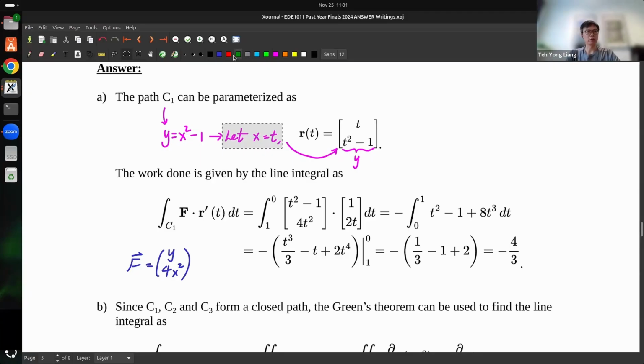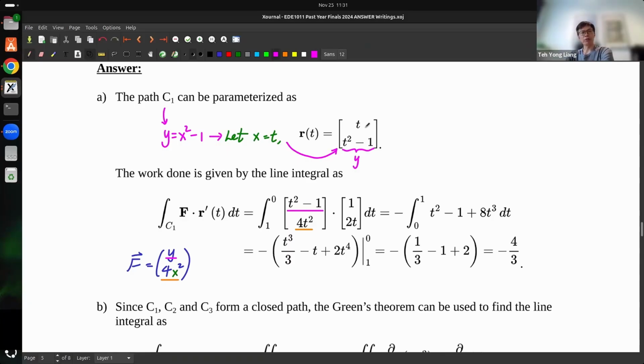If you let x be t, then 4x squared is 4t squared. Let me underline. This guy is just this guy. Then the y is just y here, and this has to be t squared minus 1, because it has to be on the path. We are calculating the vector field that is actually on the given path, C1.